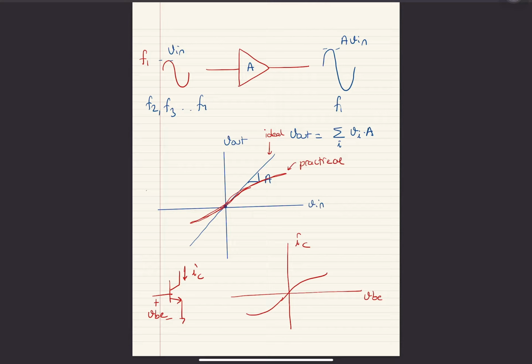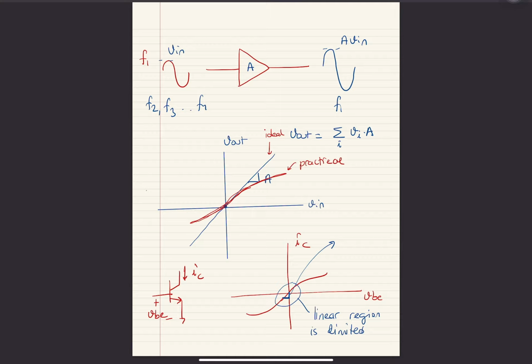I mean, maybe it's not exactly the same, but the critical thing is the linear region is limited. And in this linear region, guess what is the slope? What is the slope for this linear region?